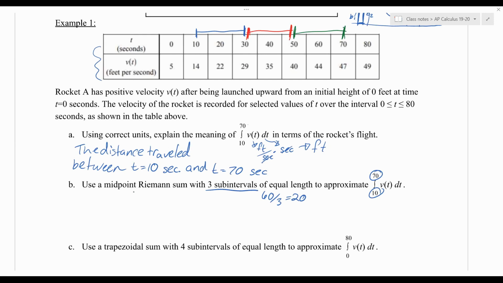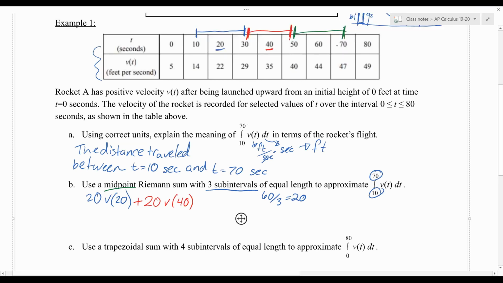So we've divided into 3 subintervals. Now let's find the area for each of the rectangles using the midpoint. In the first rectangle, the base is 20. And for the height, we're going to use our middle value and find the velocity there, v of 20. Plus, for our second rectangle, the base is still 20, and we're going to use our midpoint, 40, v of 40 for the height.